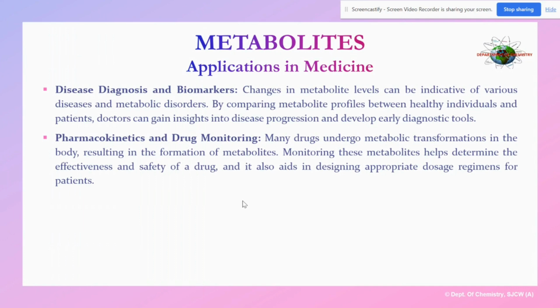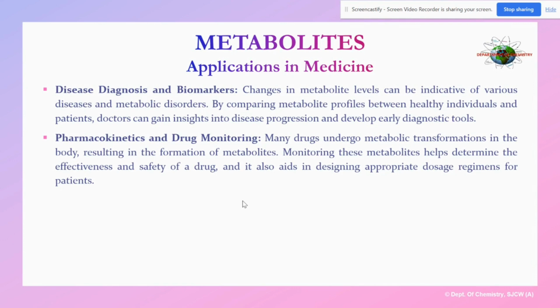Pharmacokinetic and drug monitoring. Many drugs undergo metabolic transformations in the body, resulting in the formation of metabolites. Monitoring the levels of these metabolites helps to determine the effectiveness and safety of a drug. It also aids in designing appropriate dosage regimens for patients.